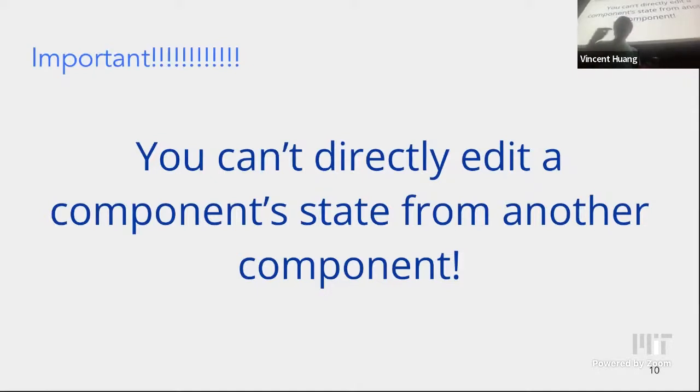When you click on the child, you want that to update the parent state, which is the number of likes, right? Based on what we talked about so far, this isn't actually possible, because when you interact with the child component, you need to update the parent state, right? So does anyone have ideas on how we could accomplish this without directly editing state from other components?